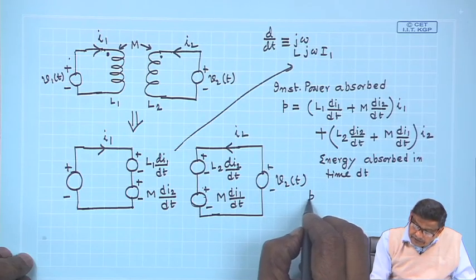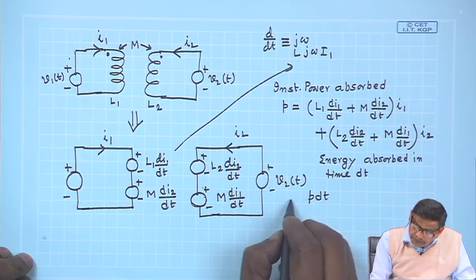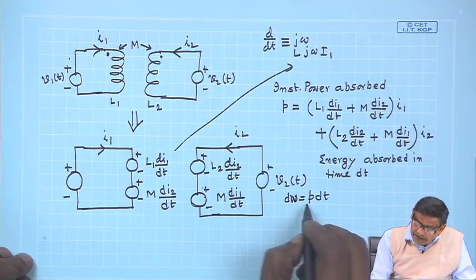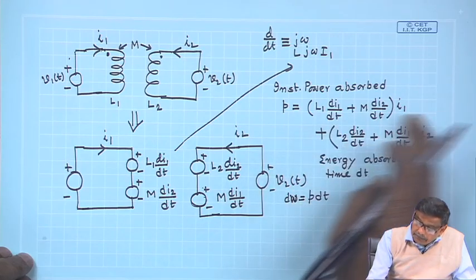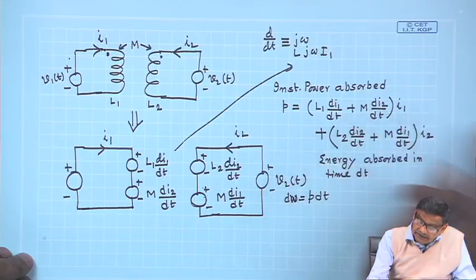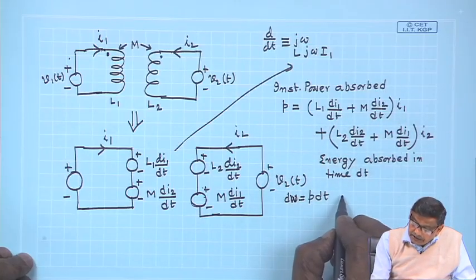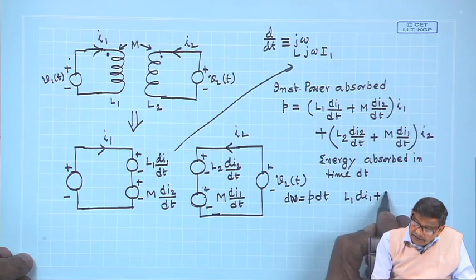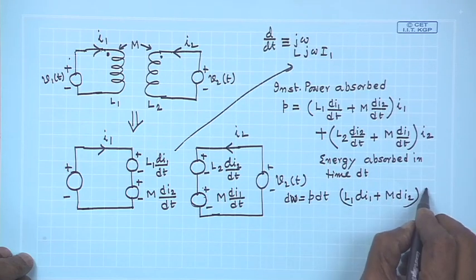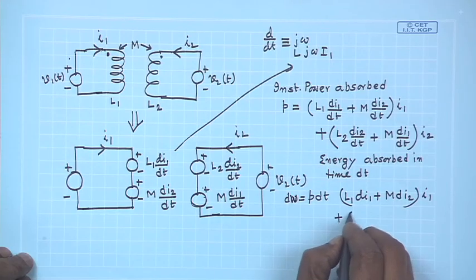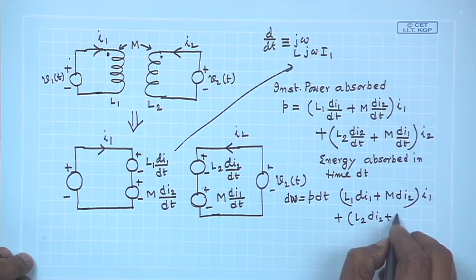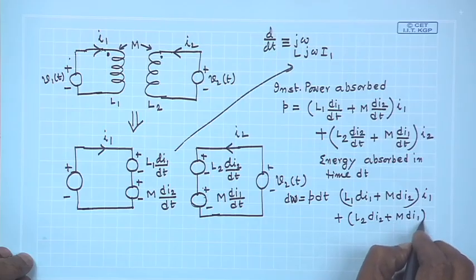So, in that small time, energy absorbed, let us write it as dw is equal to p dt. So, multiply with dt and cancel it out. It will be L 1 d I 1 plus M d I 2, into I 1, plus L 2 d I 2 plus M d I 1, into I 2.